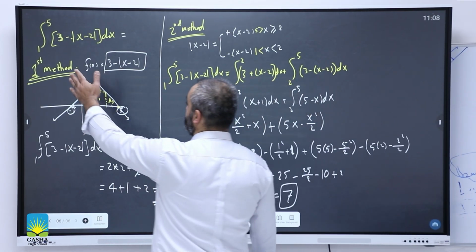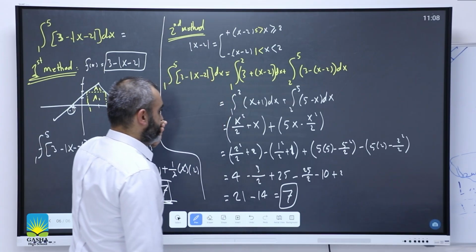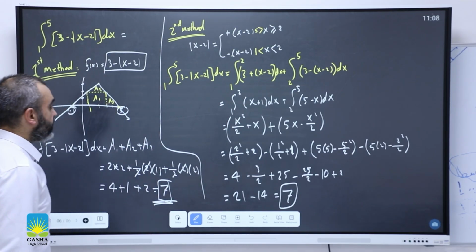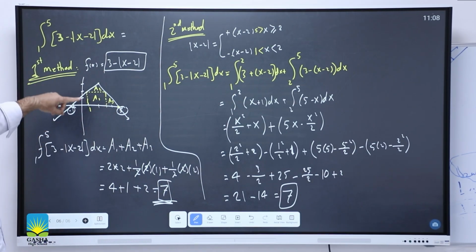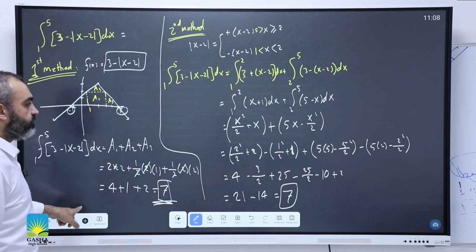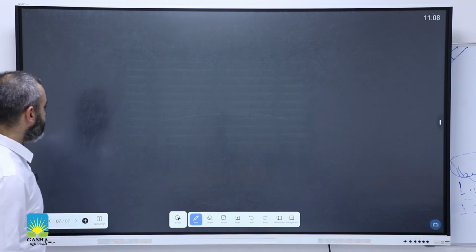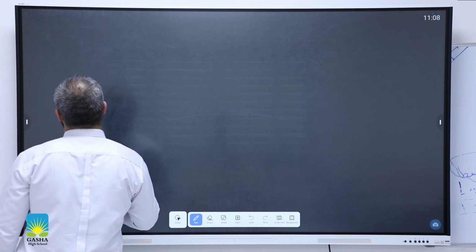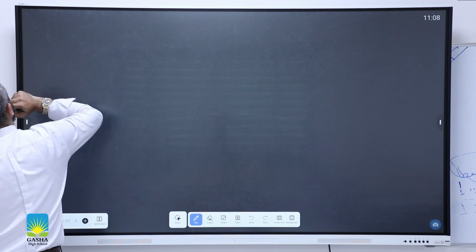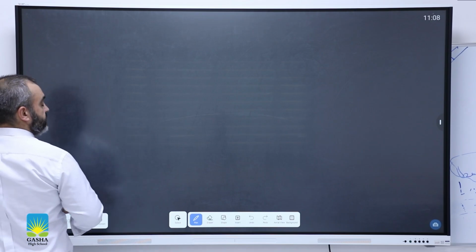So this is the first method, and this is the second method. We're going to the third method to find the integral of this function with absolute value. The third method is the fast way of the integral.